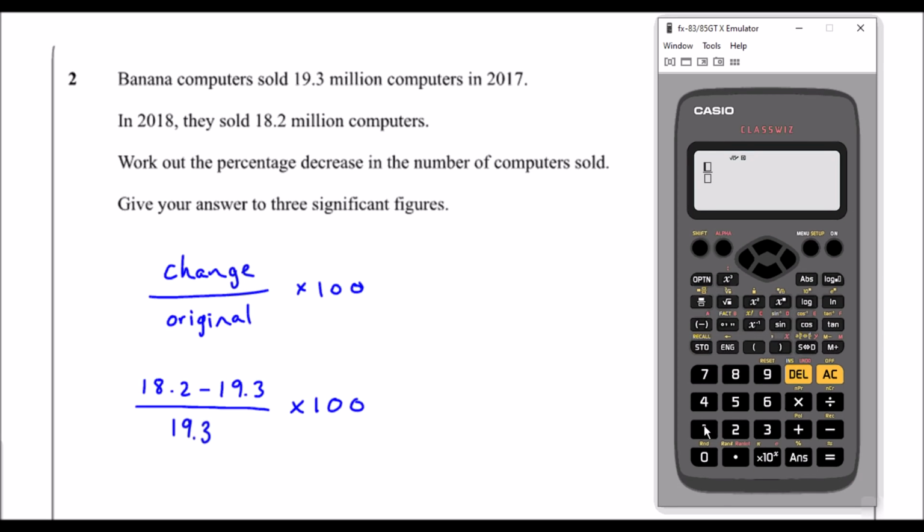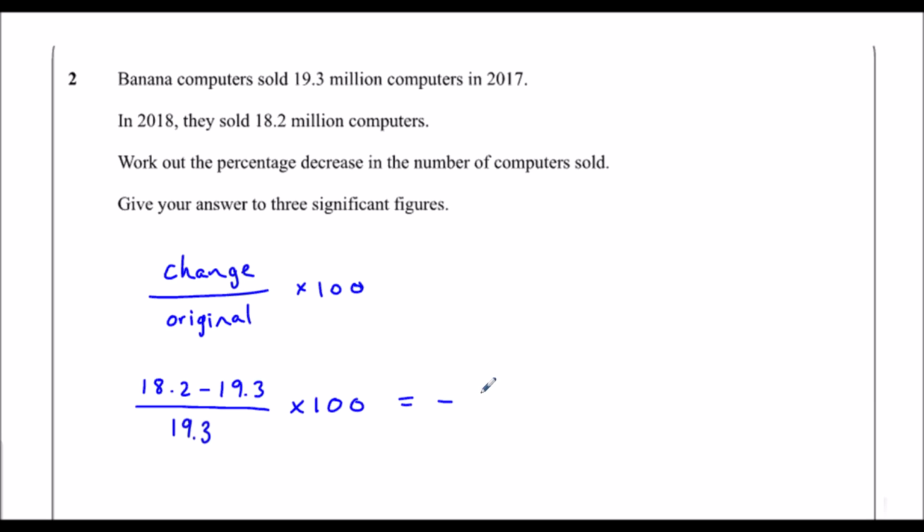Type it into the calculator. So 18.2 take away 19.3 over 19.3, and then times by 100. So I've got negative 5.699. So to 3 significant figures, 1, 2, 3.